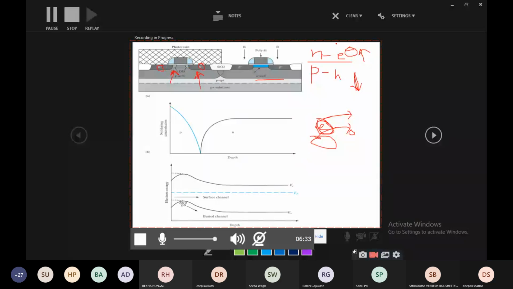So the hot electron effect will be more where there are electrons, because the mobility is high. And the hot electron effect will be less in P type, because there are holes, and holes have less mobility, right? So what they have shown here is that in P channel MOSFET there is no LDD, correct?